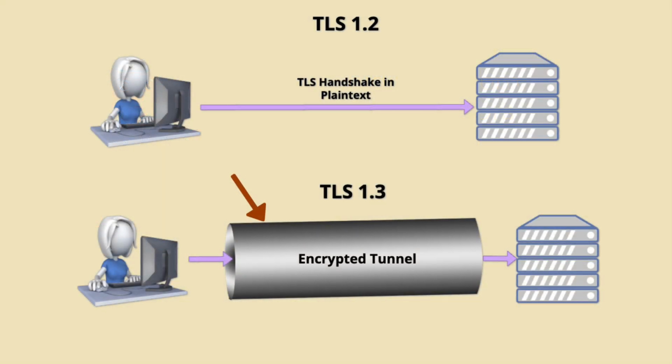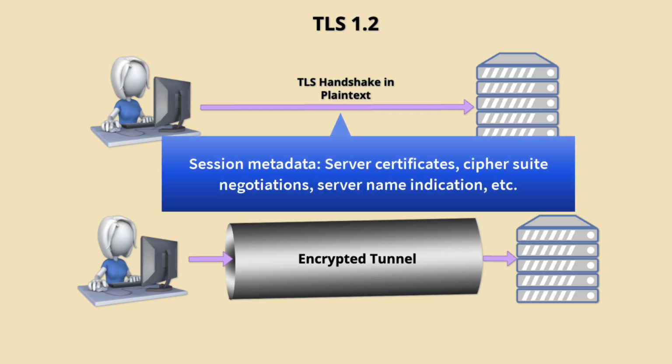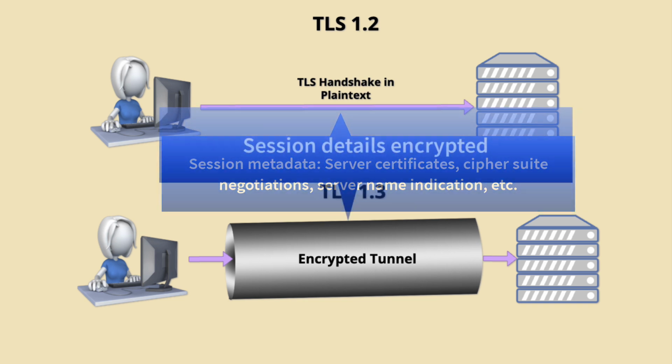TLS obfuscates information primarily through encryption, which hides the content and metadata of network traffic. In older versions, such as TLS 1.2, certain elements of the protocol, like the handshake process, were visible in plain text, allowing security tools to analyze critical details, including server certificates, cipher suite negotiations, and the server name indication, or SNI, which identifies the domain a client is connecting to.